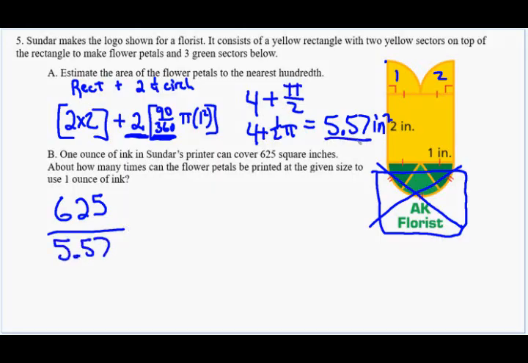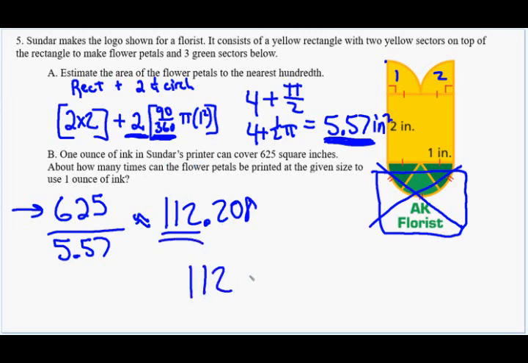Each time we print it, we'd use that many square inches, and 1 ounce of ink can cover 625. If we divide that, we get about 112.208. So the 0.208 doesn't matter because we're talking about how many times we can print it, 112 times. Excellent.